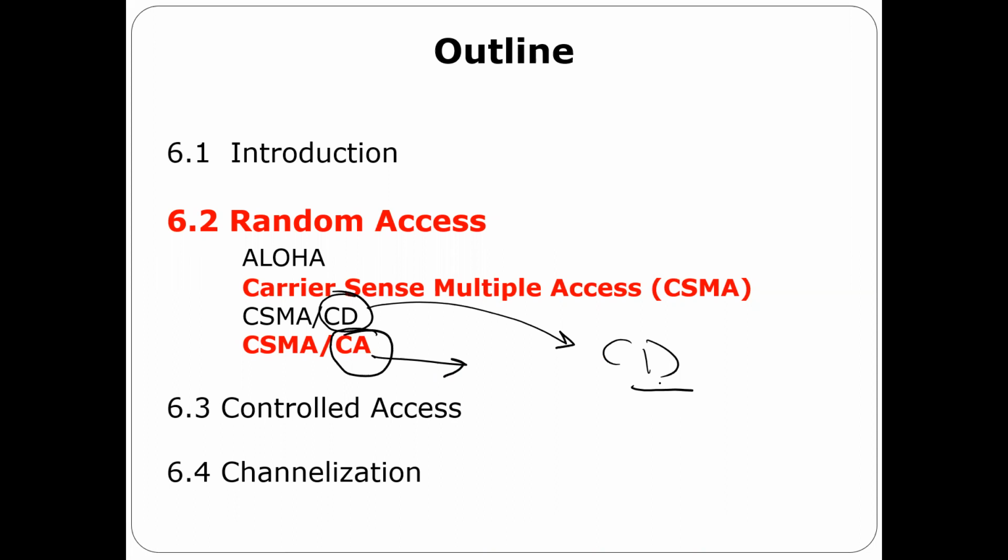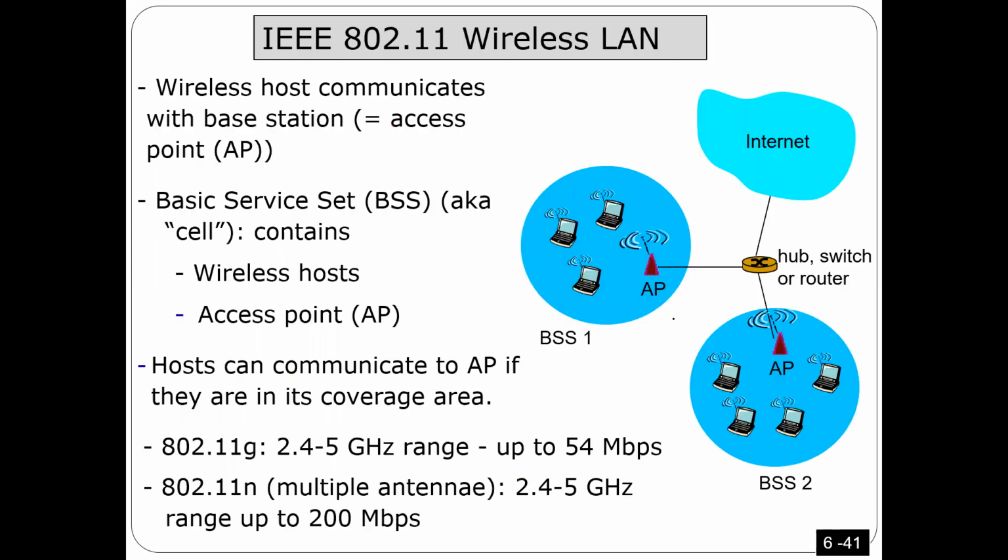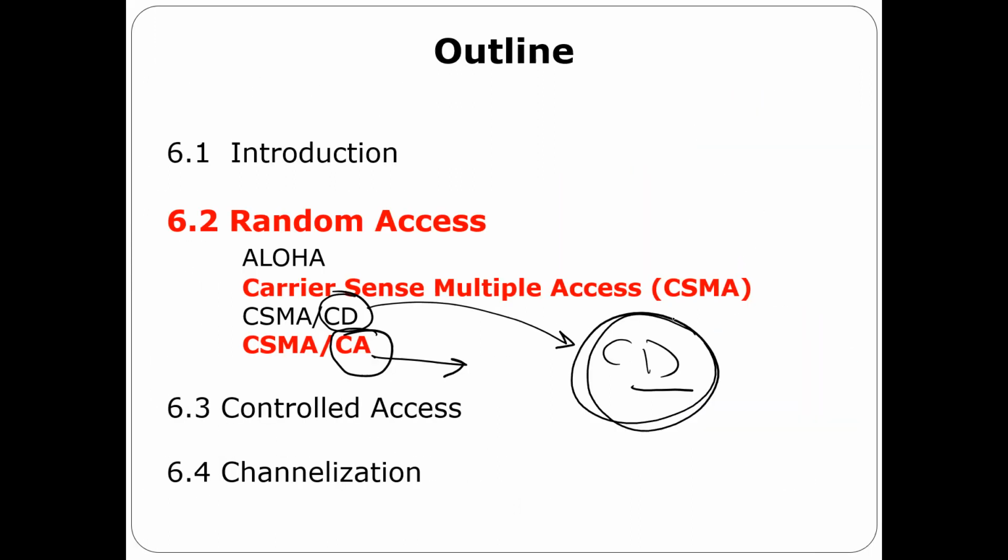But in wireless networks, because the received signal is always very weak, it is difficult to differentiate whether there is an incoming signal or not. That's why when you compare the power in the channel, you will find it is almost all the time similar to your power. That's why we need something different than collision detection here in wireless networks. That's why we have collision avoidance.